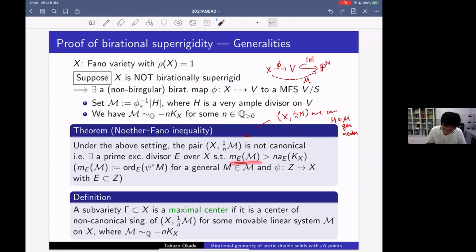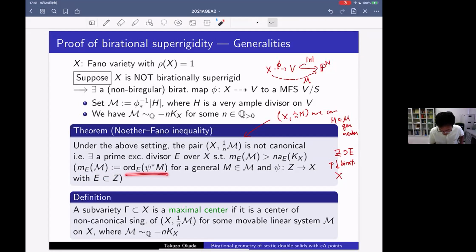Here, this number is nothing but the order of vanishing of this divisor along E, where E lives in some birational model, and M is a general member of this linear system.